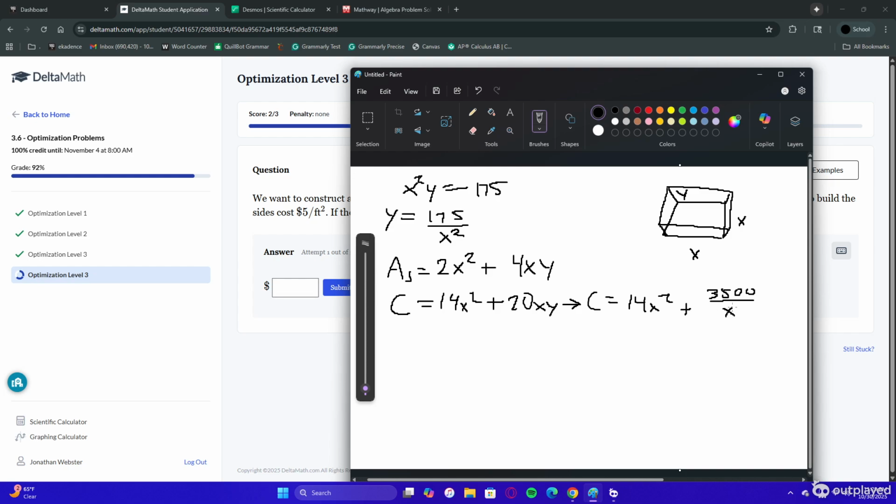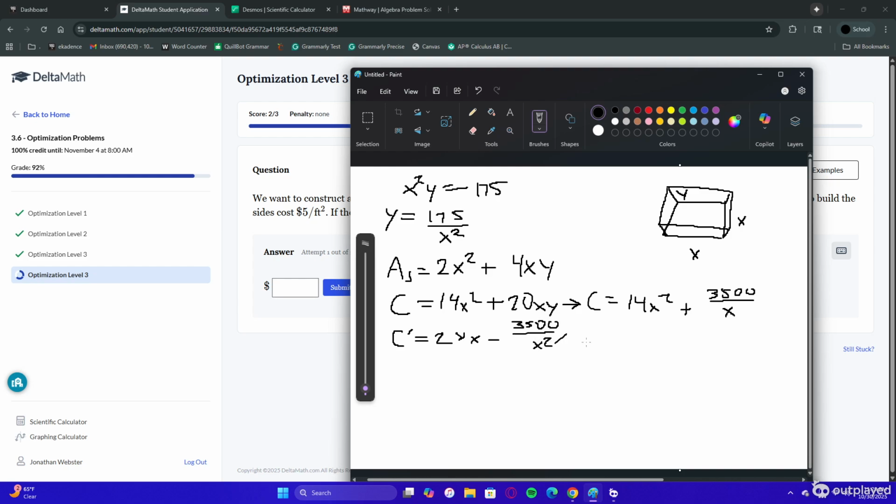Right, so now that we have our cost function, we can do the derivative of the cost function. So c prime would be equal to 28x minus 3,500 over x squared.